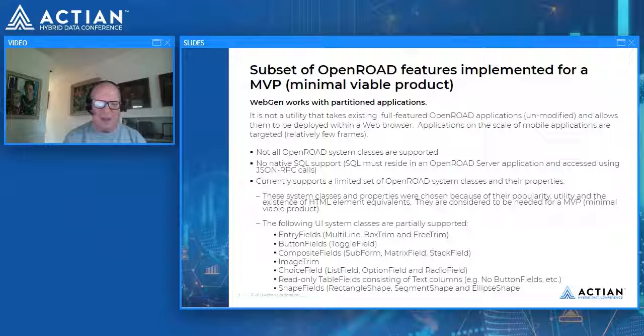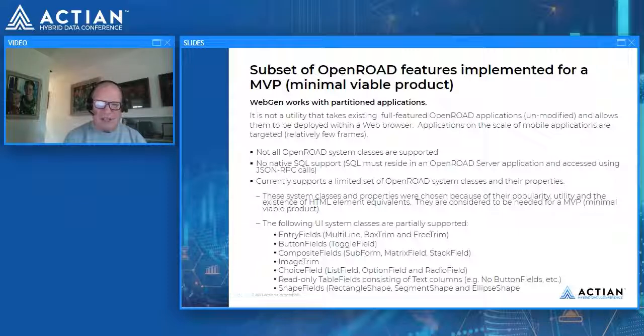But right now, we have the most commonly used widgets or UI elements implemented, and we decided what are the most popular, what are the most useful, and also how easy is it for us to ensure the same type of behavior in a web browser as we would in an OpenROAD application.